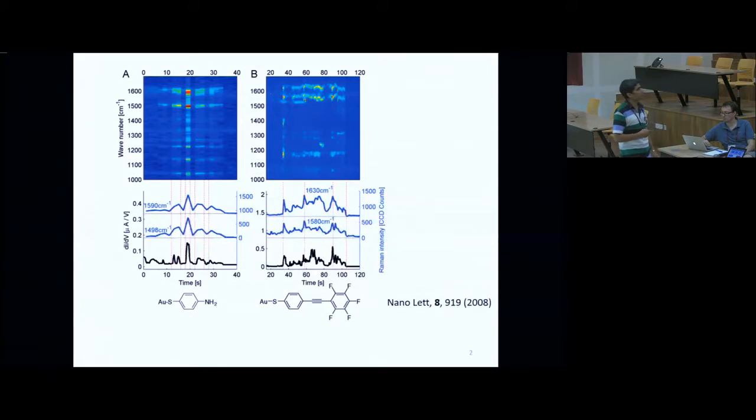It's a very nice way, and they of course propose that this can be used for optical switches. With optical light, you can excite these vibrations to turn the conductivity of this molecular junction on and off.